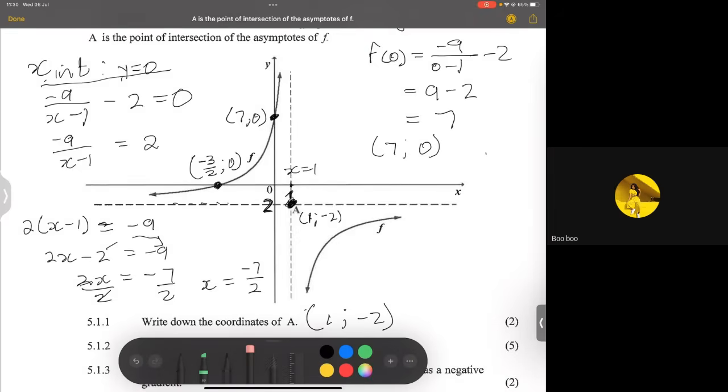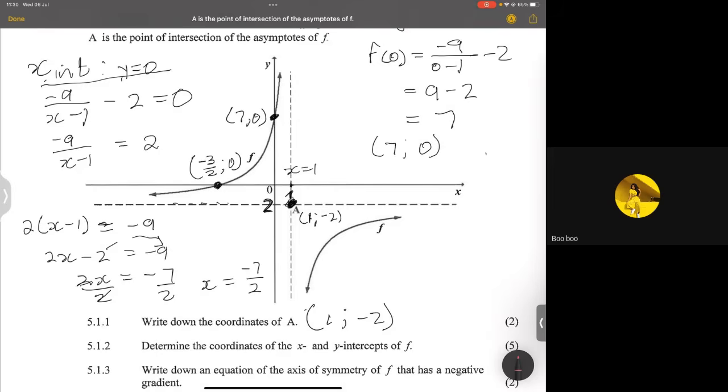Yeah, let me do this. Okay. So it has an axis of symmetry that has a positive gradient. So meaning at that red line, if I were to fold it around that line, the two graphs would lie on top of each other.